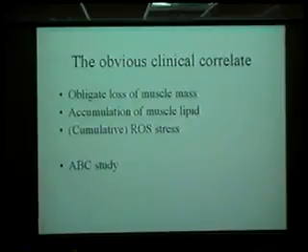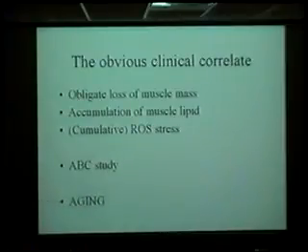So something about our environment and our exercise and all of this, but I think related back a lot to oxidative stress, is causing the accumulation of fat inside of muscles. And I think it's logical to assume that the source of that fat is the resident population of stem cells.